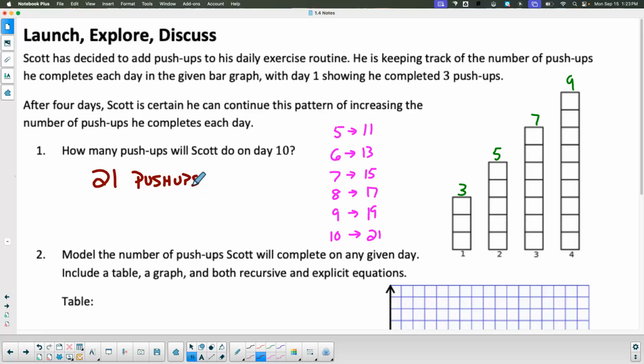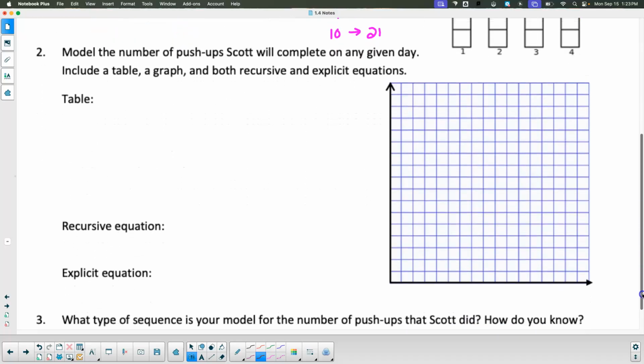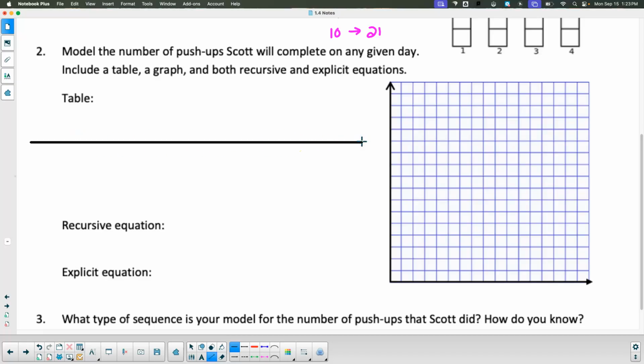Now, the other way of doing that is we could have come up with an equation. I didn't come up with the equation in that first one, because in the second one, we're going to come up with that equation. So, do we want a horizontal table or a vertical table? Horizontal one? Okay. What do you want to label your top line as? What do you want to label your bottom line as?